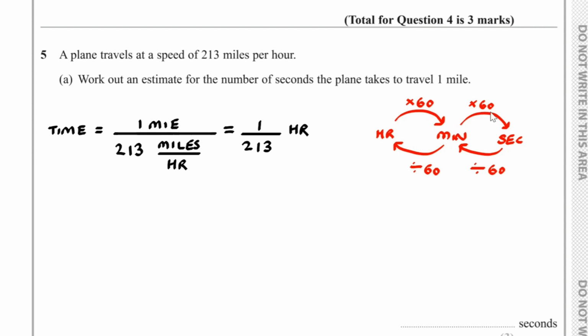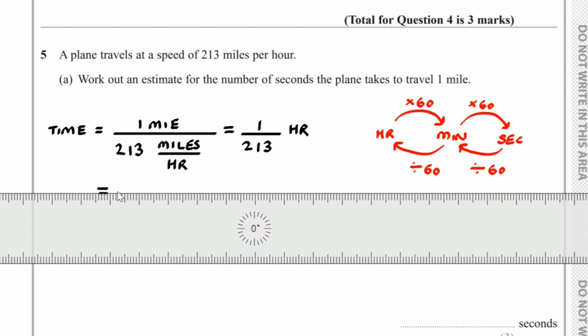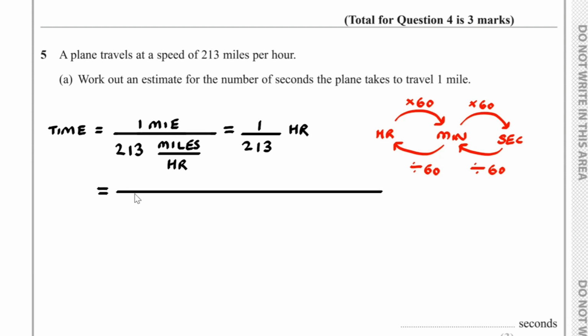So I need to multiply by 60 and then 60 again to convert this hours into minutes. So I've got 1 over 213 hours and what I need to do is times this by 60 twice to convert this into seconds.